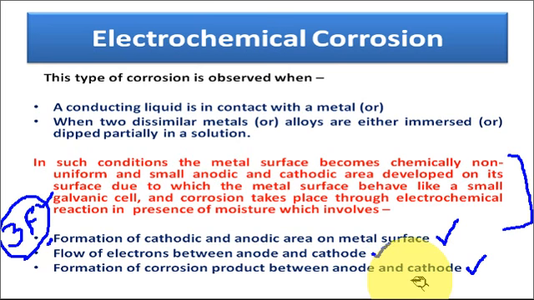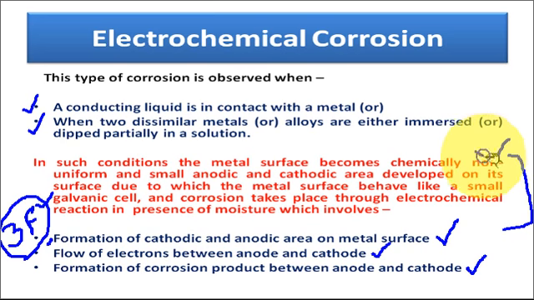So, you must remember that if the metal surface is present in any one of these conditions, then the metallic surface becomes chemically non-uniform and corrosion takes place. Why does corrosion take place?